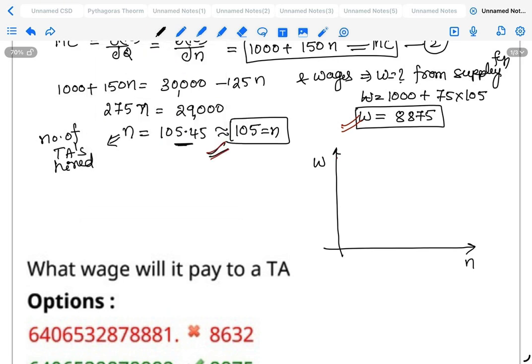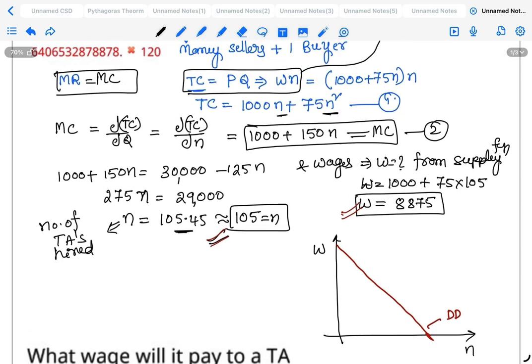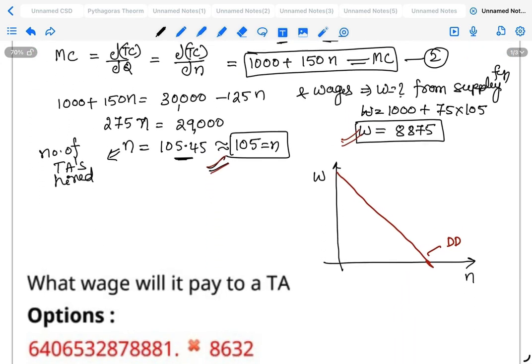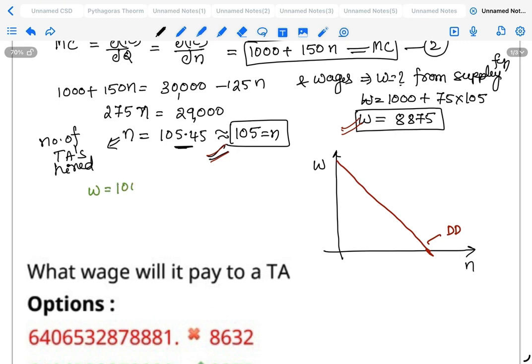On the graph, N is the number of TAs hired and W is on the y-axis. The demand curve is always a downward sloping curve. The supply function is W equals 1000 + 75N. When N equals 0, W equals 1000.